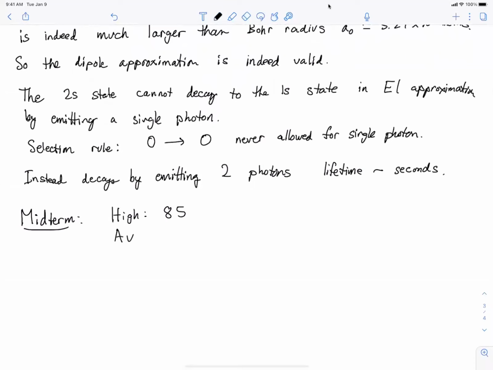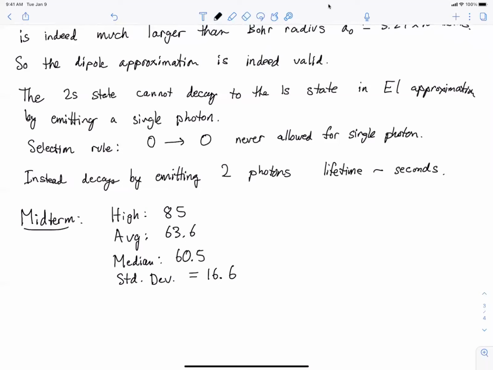The average was a 63.6. The median was a 60.5. And the standard deviation, otherwise known as the uncertainty, since we're doing quantum mechanics, was 16.6.